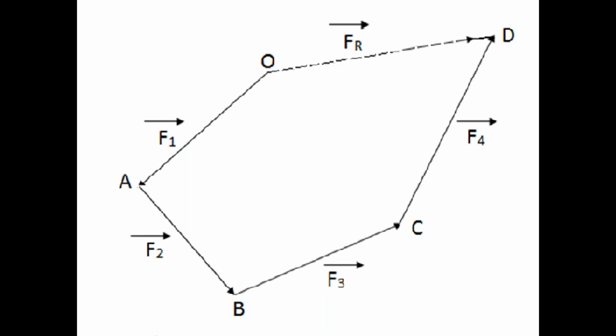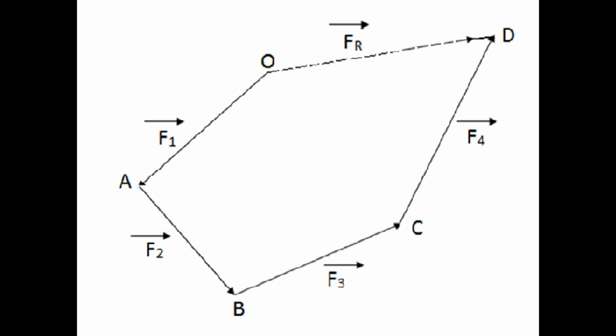The side OC is F4. Then there is no closing side. Already the polygon is closed. So in that closed polygon, there is no closing side, so the resultant force is 0. So that force system is in equilibrium condition.